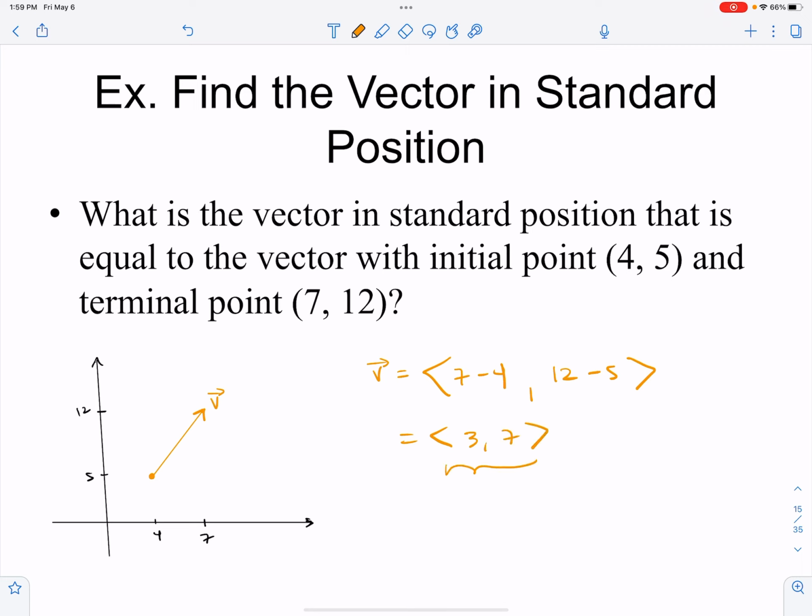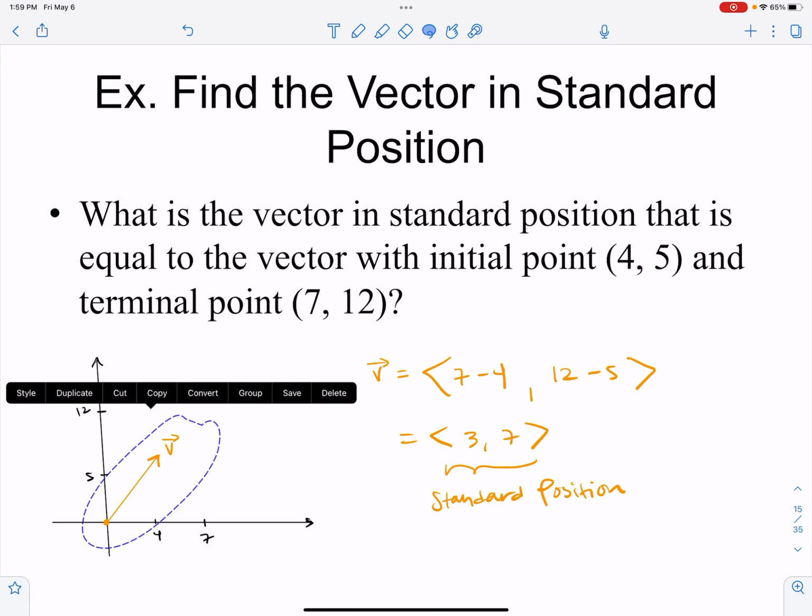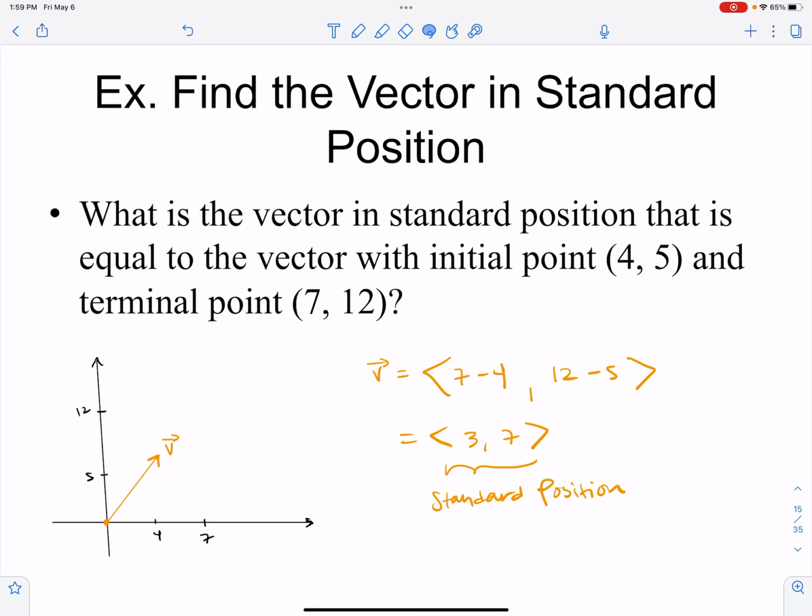So this would be the vector that would be in standard position and has the same magnitude and direction as the original vector. So it would be the vector that if we moved it so that the initial point was at the origin, it would then terminate at the point 3, 7.